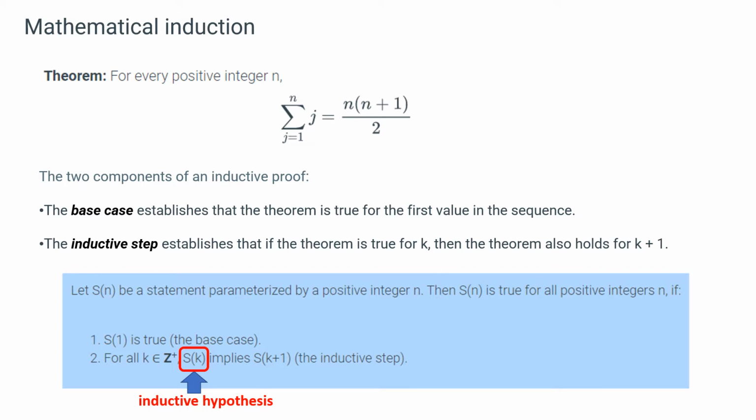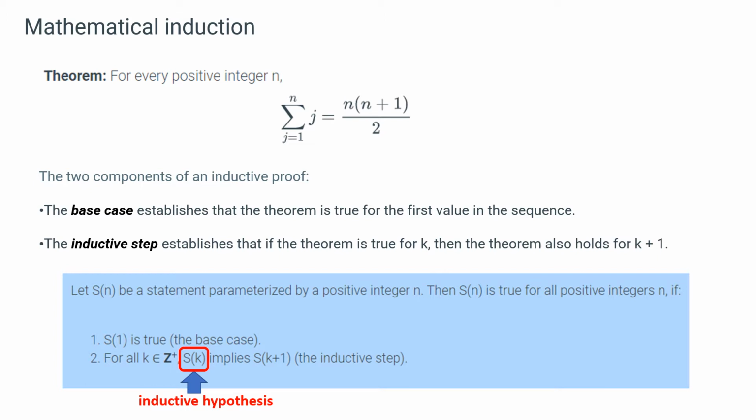So the thing that we assume within the inductive step is called the inductive hypothesis. So the inductive hypothesis is always the assumption. We're always assuming that the statement is true for n equals k, for any k in the positive integers.